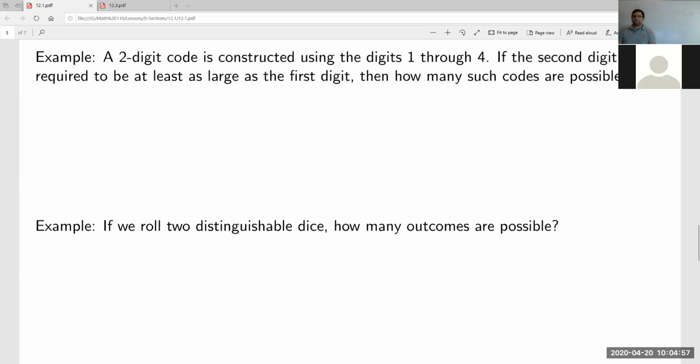But starting from the simplest possible terms, how would we figure out how many different two-digit codes we can make from the numbers 1 through 4? Just start with that question. How many 2-digit codes can we make with the numbers 1 through 4?